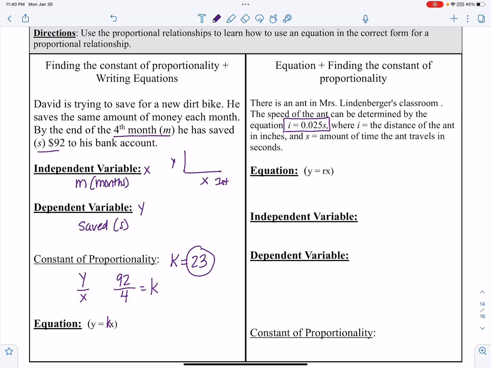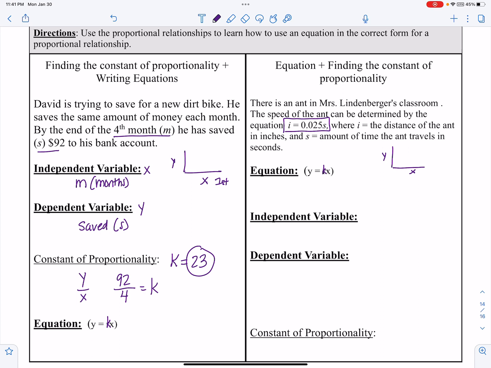Thinking about that, I'm going to get rid of my R here. I have to think on a graph with X and Y. What is the thing that happens first? Well, the thing that happens first is the amount of time the ant travels, and so that is our X. And then Y, which is I, creates a certain distance.